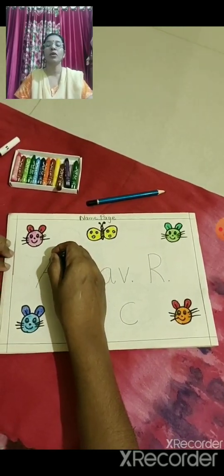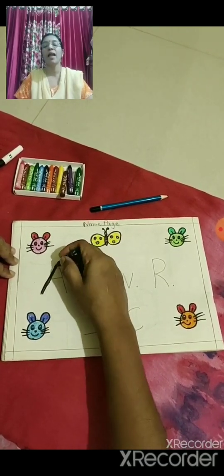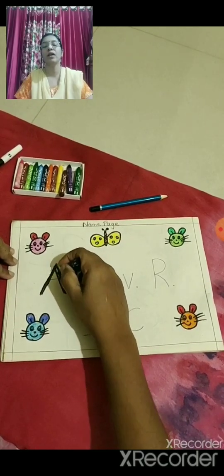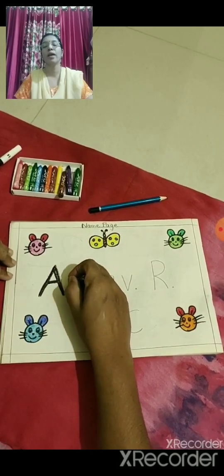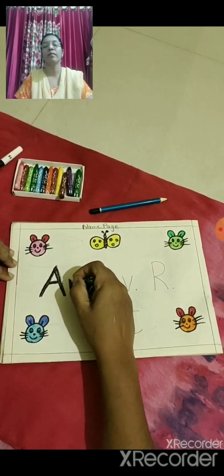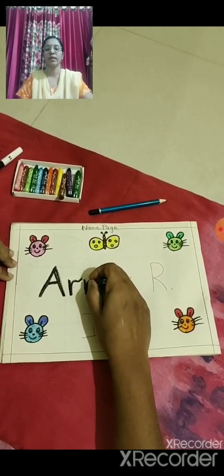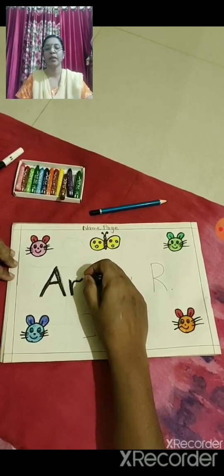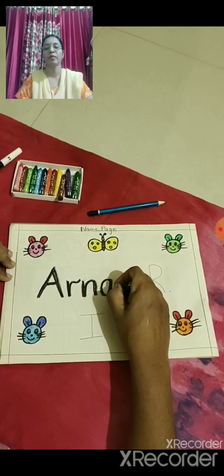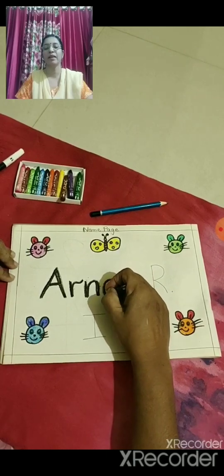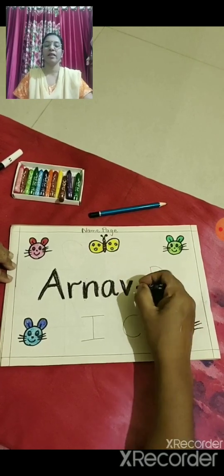Now we are going to color the name. Which color did I give for the name? Black color. Which color? Black color. See how I am giving thick outline. Thick outline for the name. Don't give thin outline. Yes. So Arnav. Arnav's name is ready. Very good.